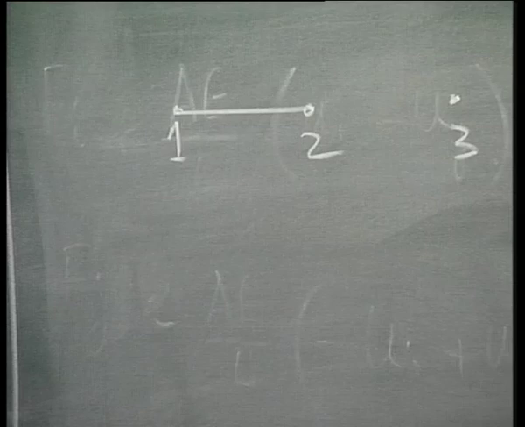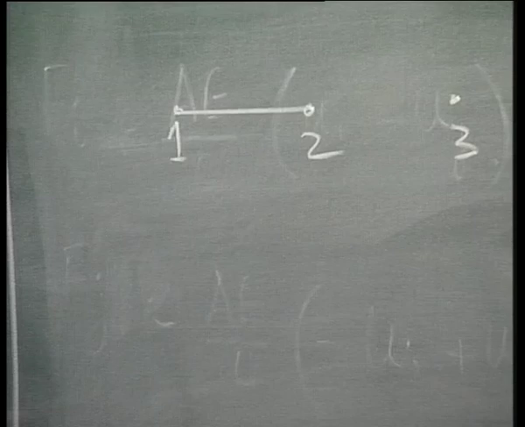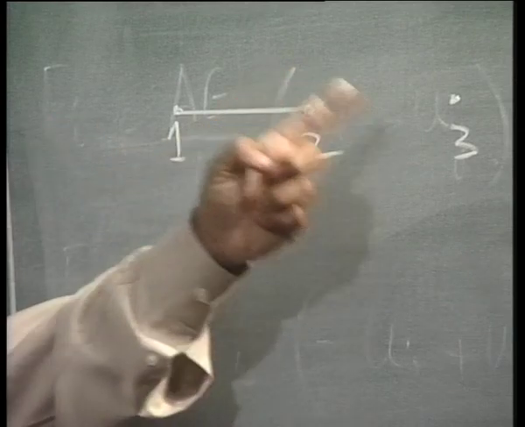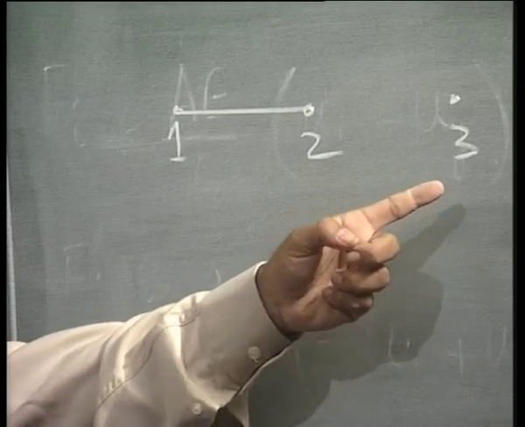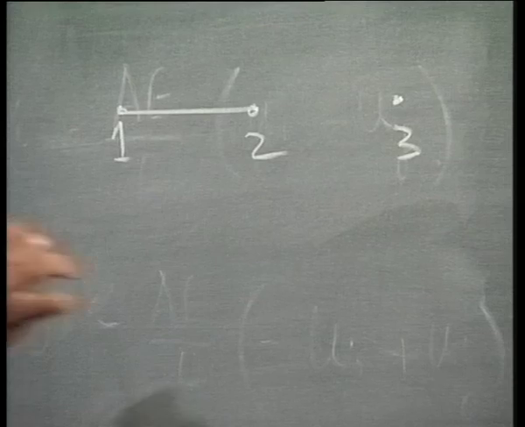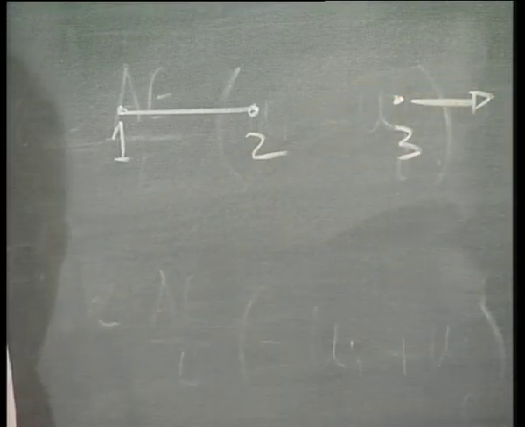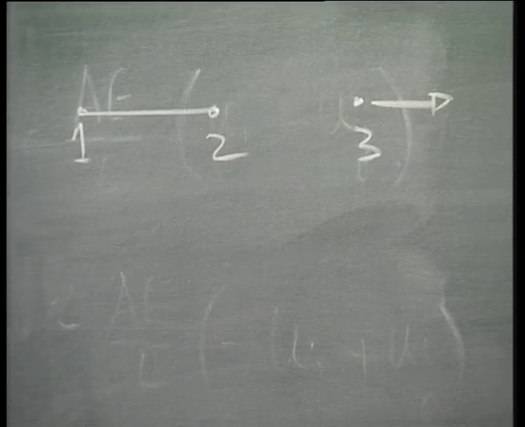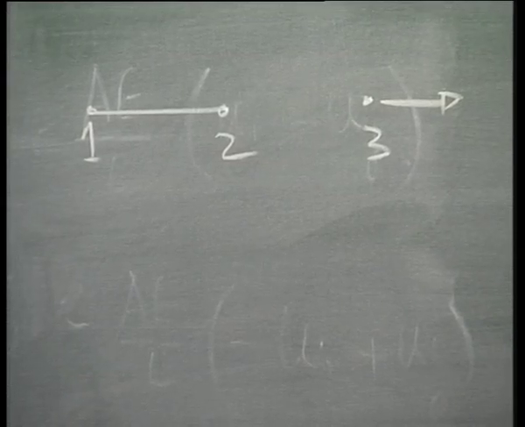Since I have already identified a node at 3, it's imperative that it also has a displacement u3, though more importantly this element does not support any force there. In other words, if I apply a force here, the force happens to be in the air, and this particular element does not support a force.